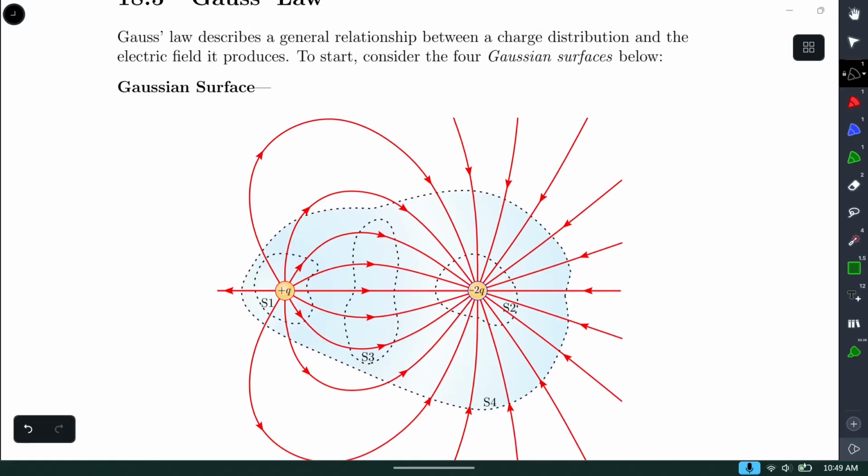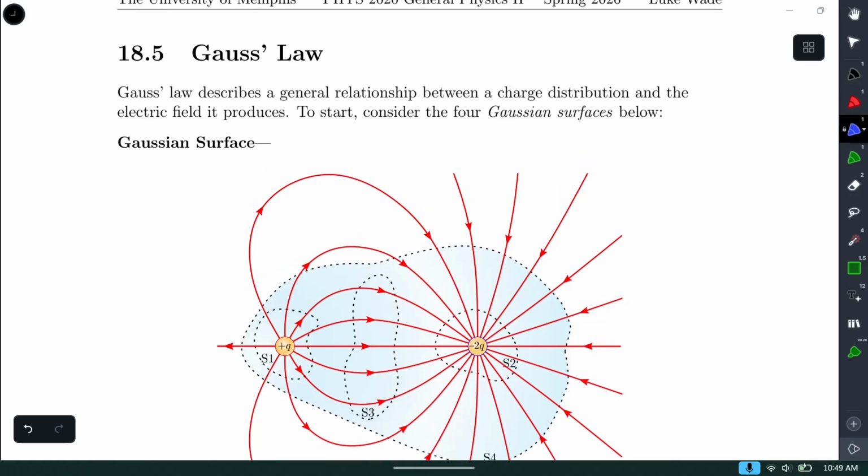Or vice versa. If I know the charge inside the bag, can I figure out something about the field on the surface of the bag? That's the statement being made by Gauss's law. We use the fancy term Gaussian surface, but it really is just a bag. An imaginary bag enclosing a region of space.